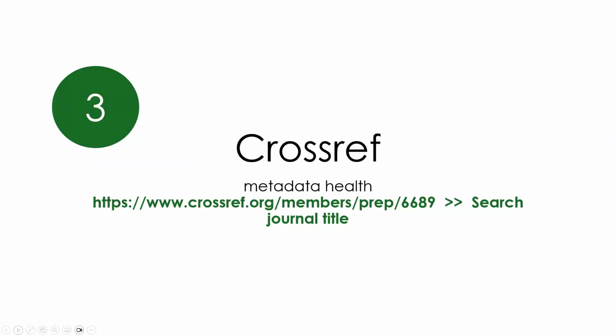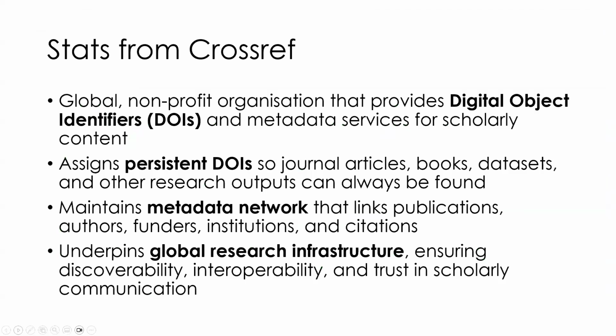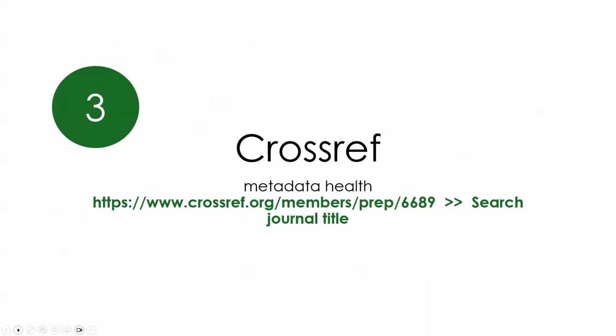Crossref, as I've said, I would use to measure the metadata health. You would go to your Crossref ID and search for the journal title. With regards to stats, you can get many stats from Crossref. It's a global non-profit organization that provides DOIs and metadata services for scholarly content.